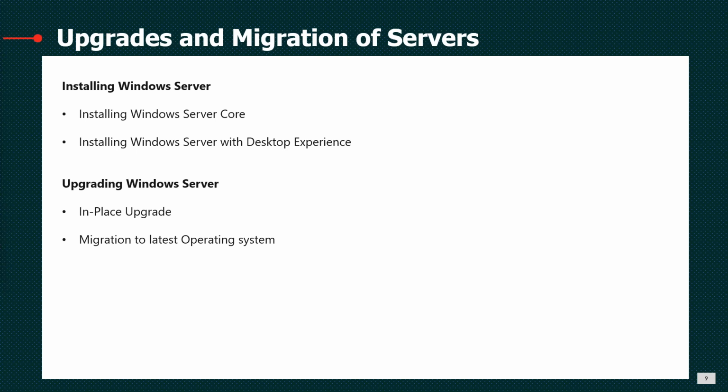Microsoft has started a new operating system called 2022, and the end of life for 2012 is about to end. Any operating system's end of life would be 10 years from the date of launching. In 2012 the new operating system came, and 10 years are already completed.